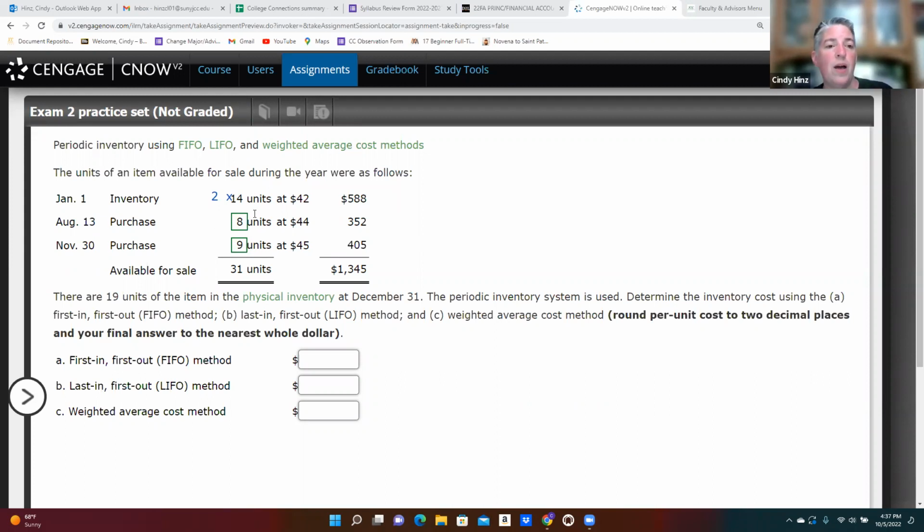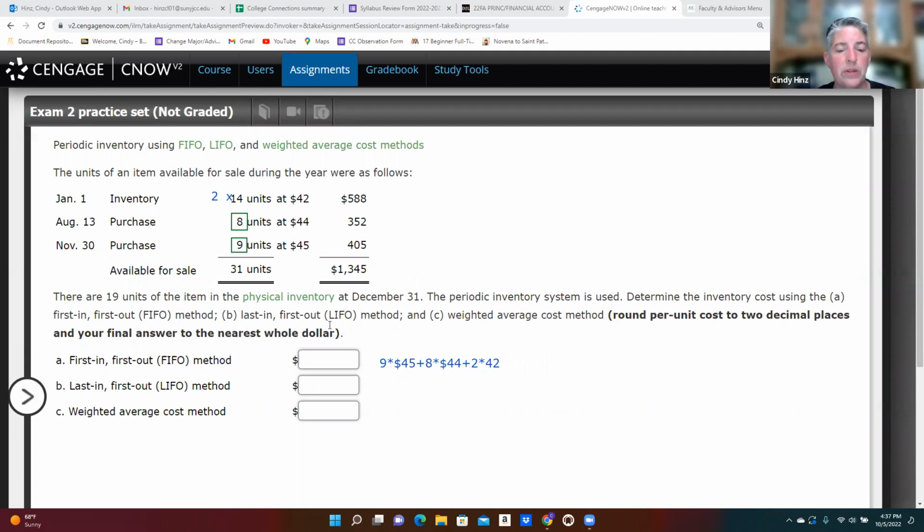So we sold 12 from that beginning inventory. So to find our ending inventory, it will be 9 at $45 plus 8 at $44 plus just 2 at $42.